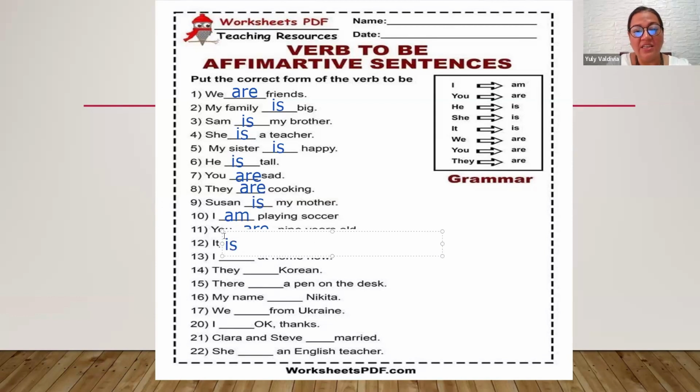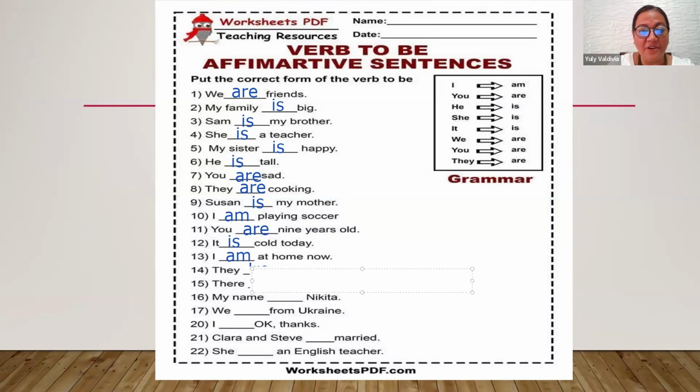It is cold today. I am at home now. They, what do you think if we use the contracted form? They're Korean. There, a pen. There is or there are? It's singular. So, there is a pen.